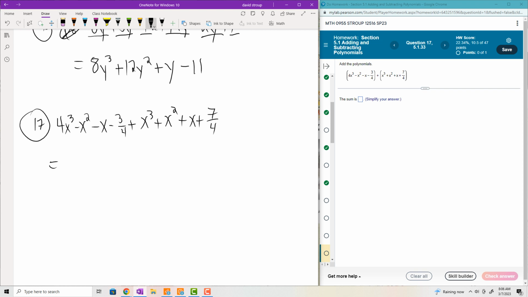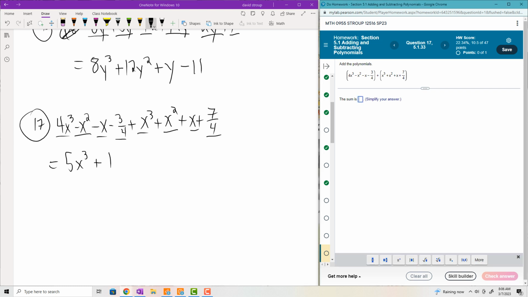The x cubed terms, there's 4 of them there, there's another one there, 5x cubed. Looks like the x squared terms cancel out, and so do the x terms. And then negative 3/4 plus 7/4 is plus 4/4, which is just 1.